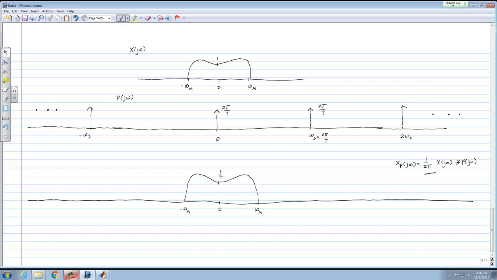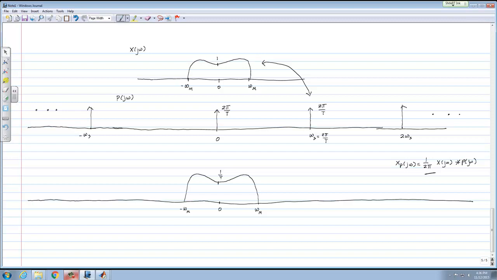Okay. Now what happens when we convolve these two together? Let's do it one at a time. Let's say I convolve X of j omega with just the impulse that occurs at omega sub s.